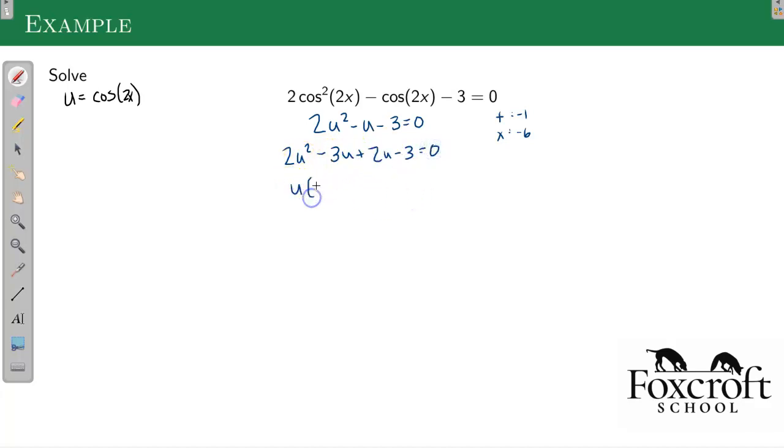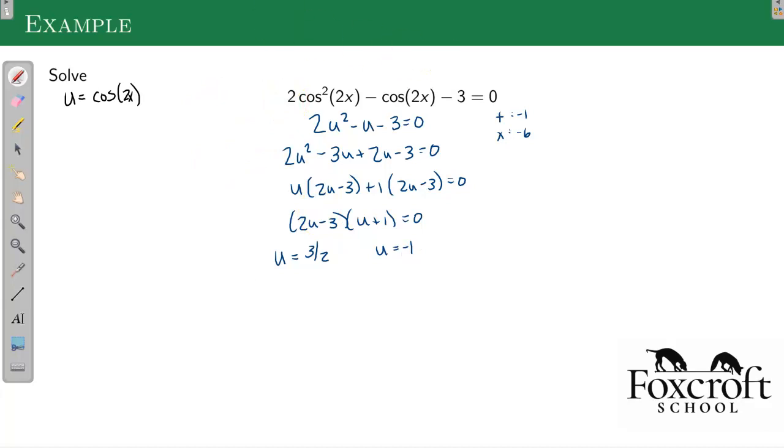I factor out. I separate. And I solve for u. All of this is just solving my quadratic, something you've done plenty of times by the time you've gotten to this lesson.